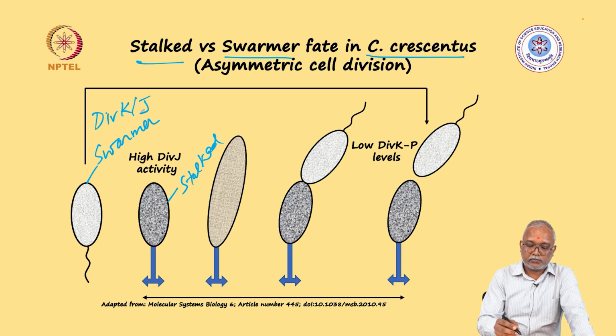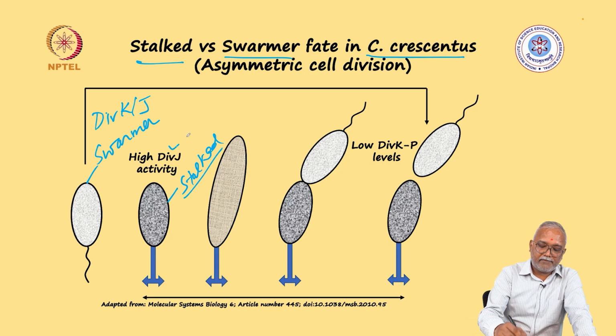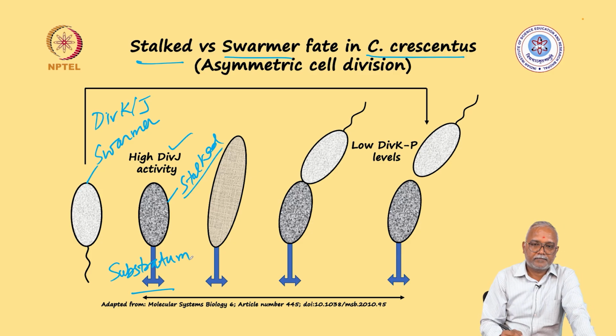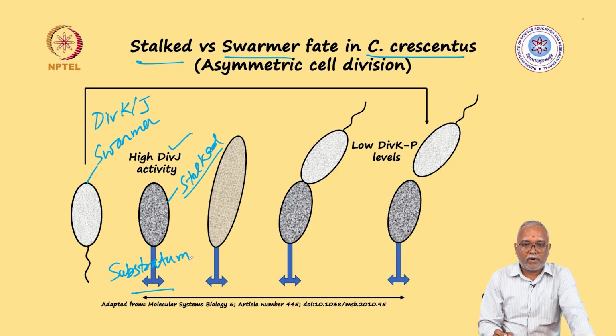What happens in case when it starts to become a stalked cell type? High DIV-J activity is there, and you will see that it is localized to the substratum. Now what will go on is that the cell, when it becomes attached to the substratum, decides to divide.